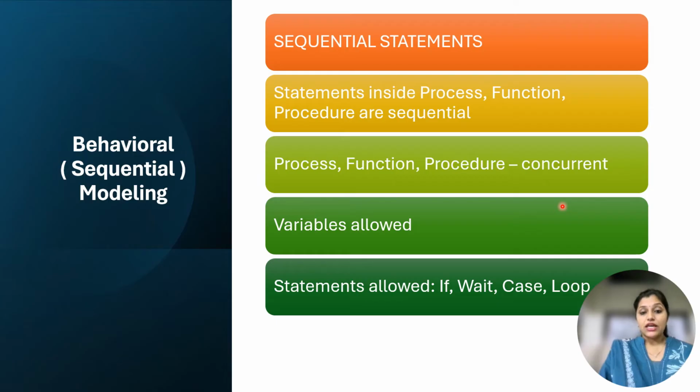It means if I write 10 processes in my one code, all 10 processes will execute parallelly. But inside every process, execution is sequential. That is, one statement will execute, then the second statement, then the third statement, and so on. Variables are allowed in behavioral modeling, and the statements allowed in behavioral modeling are if else, case statement, wait statement, and loop statement.